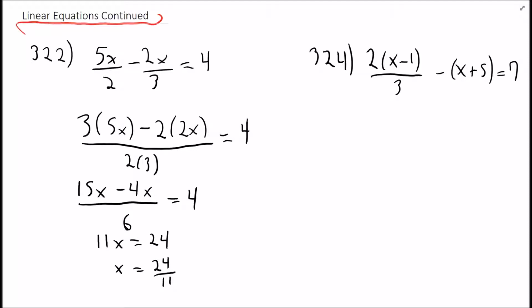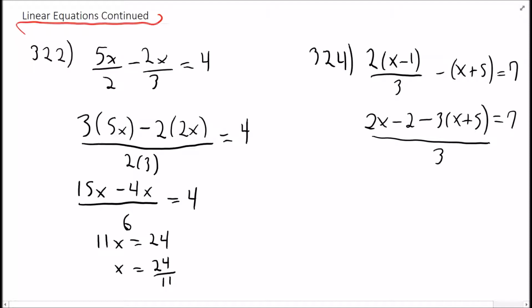So multiplying that 2 into the x minus 1, I get 2x minus 2 minus, and then it'll be 3 times the x plus 5 will equal 7, and all of that will be divided by 3. So I did that similar to 322, except there was only one that had a denominator.